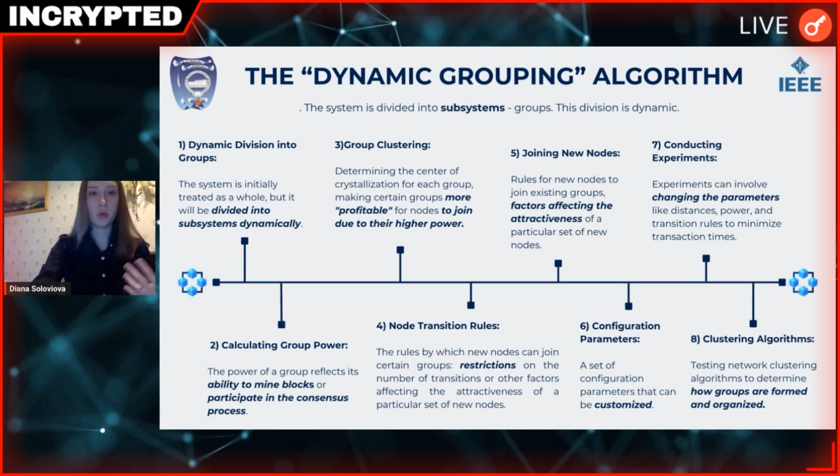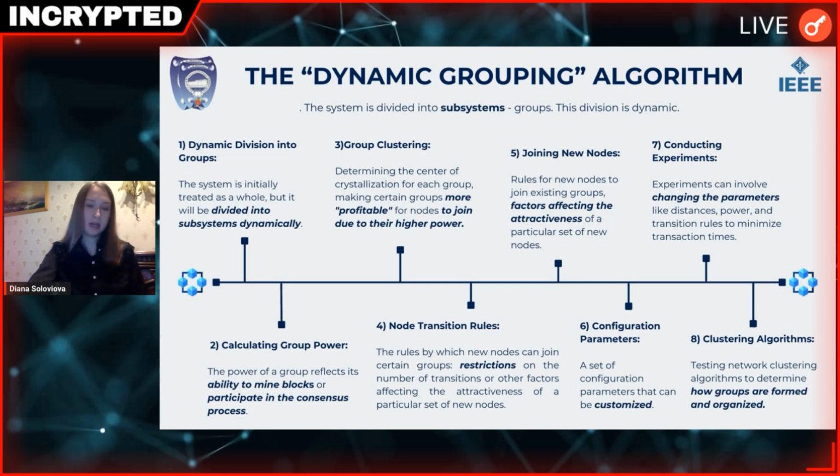This division into groups is based on the concept of the power of a group, which is calculated for each group. The second step is calculating group power. The power of a group reflects its ability to mine blocks and participate in the consensus process. The next step is determining the center of crystallization for each group, making certain groups more profitable for nodes to join due to their high power.